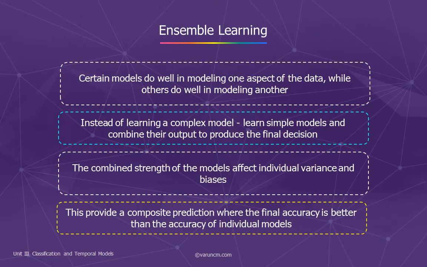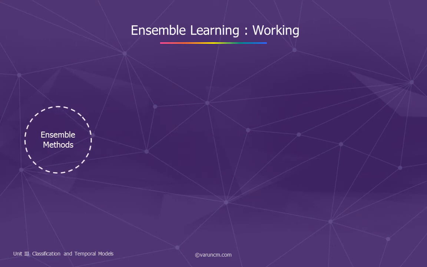This provides a composite prediction where the final accuracy of the output is better than the accuracy of all those individual models. This is the major advantage of ensemble learning. Let us now look at how ensemble learning works.